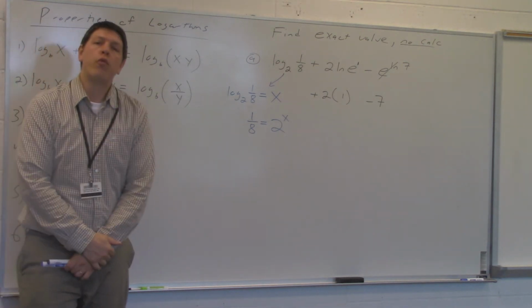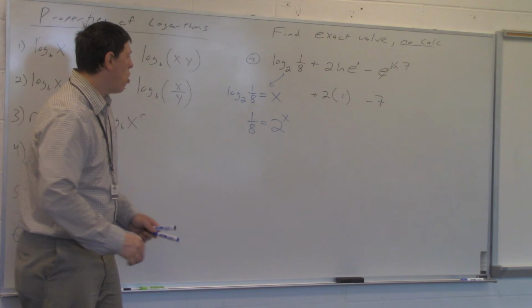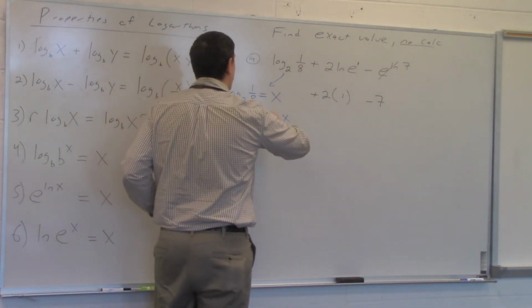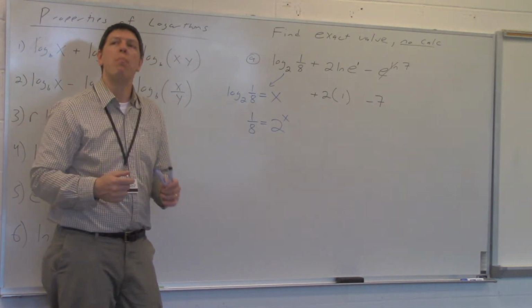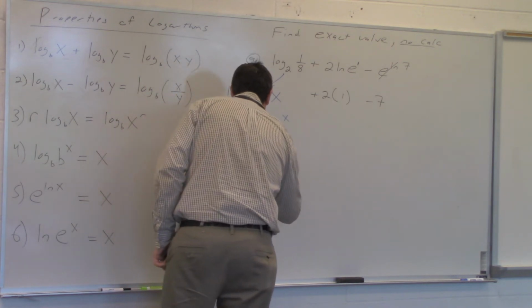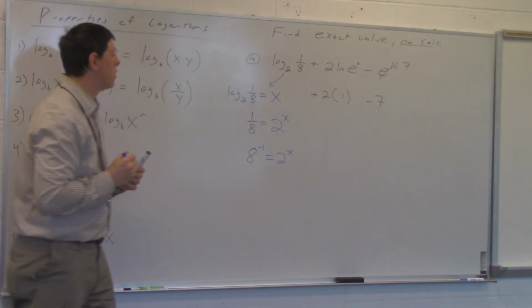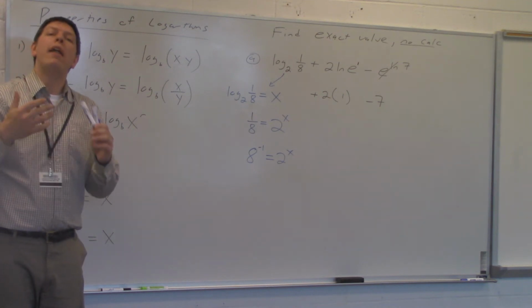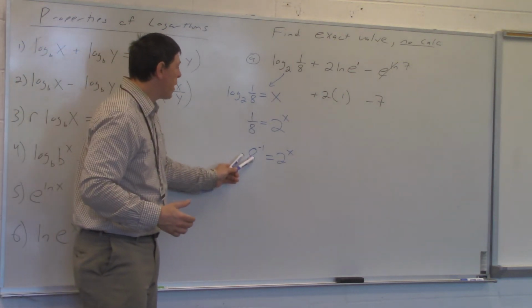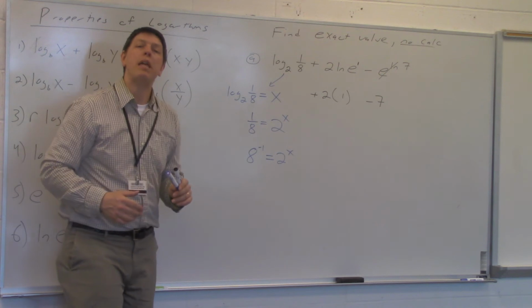We saw how to handle fractions, didn't we? We saw that instead of 1/8, we can write that as 8 to the minus 1. We know that 2 raised to the third is going to be 8.